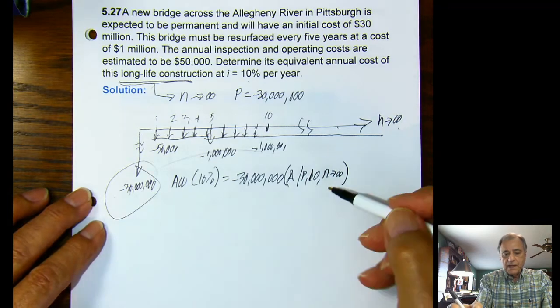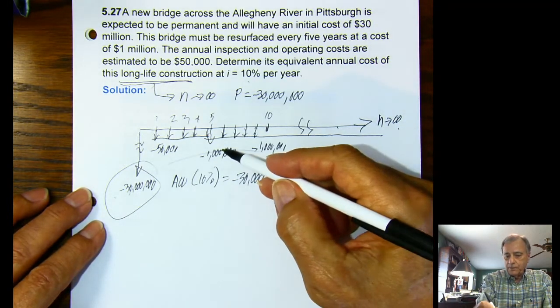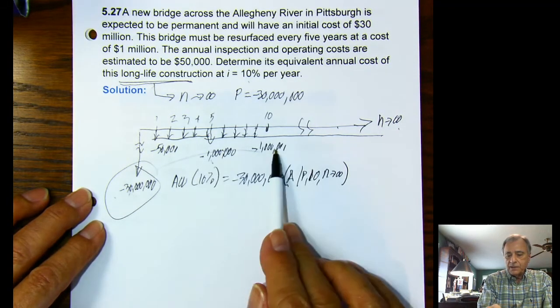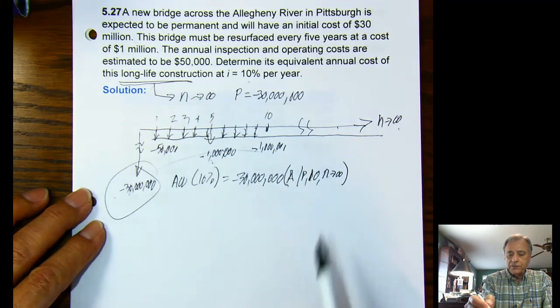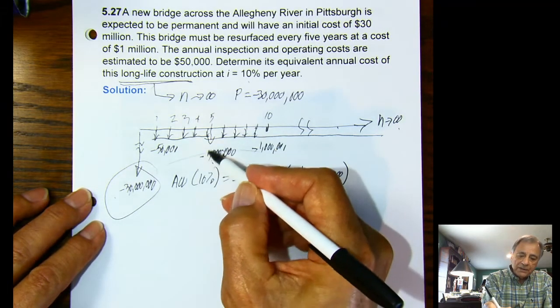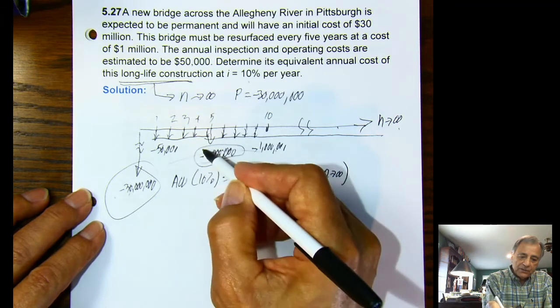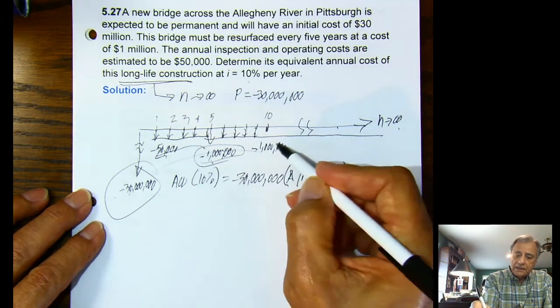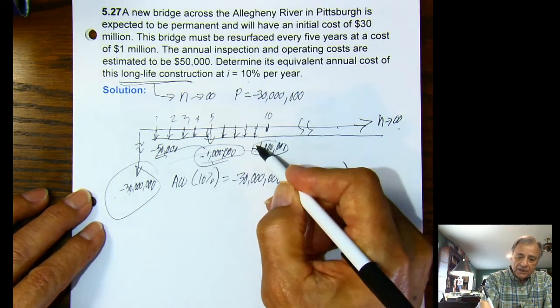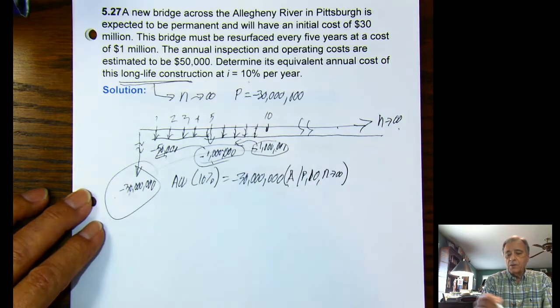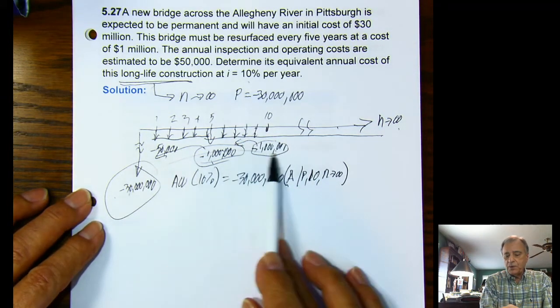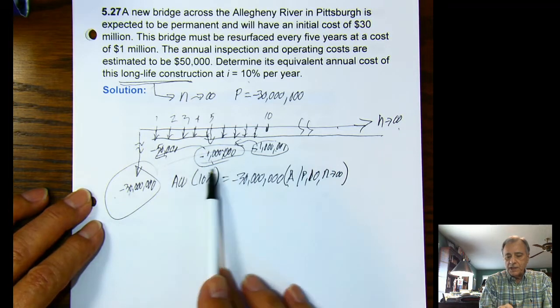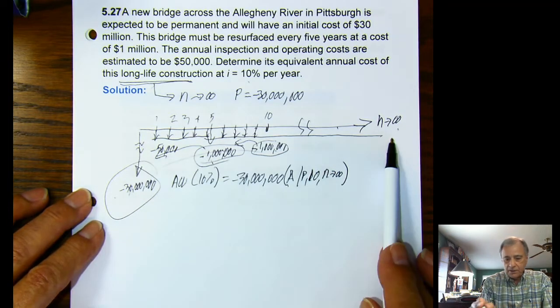And then we have this $1 million every 5 years for resurfacing. Well, I'm going to spread this first $1 million over the first 5 years, and then take the second 1 million and spread it over the second 5 years. Well, that's going to be the same spread. So this, once I spread this one, it's going to go on for infinity.